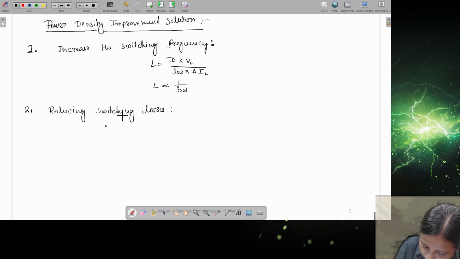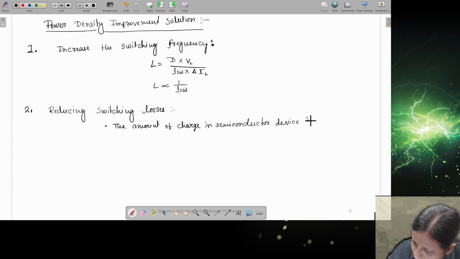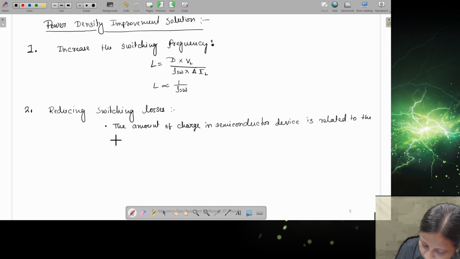One of the ways is that the amount of charge in a semiconductor device is related to the on-state resistance.